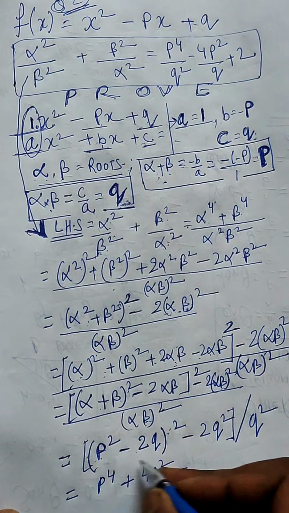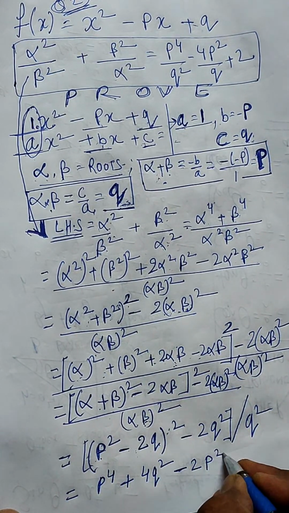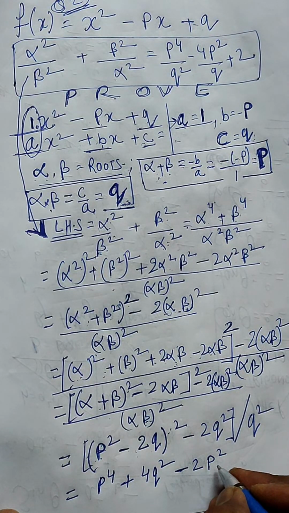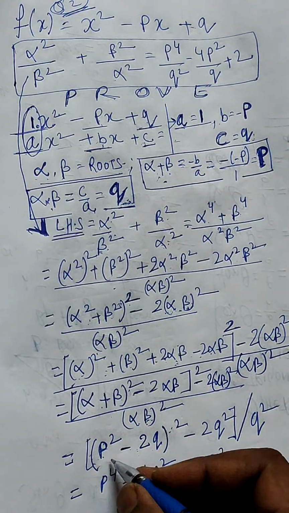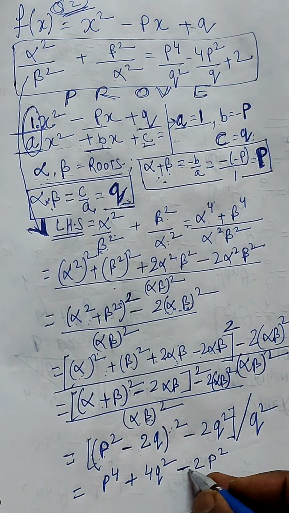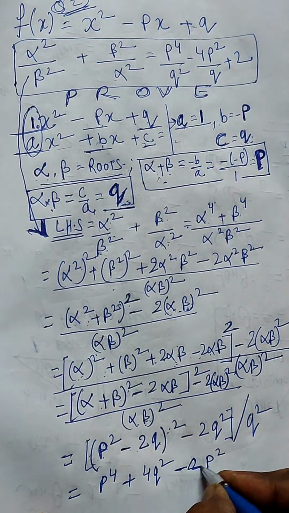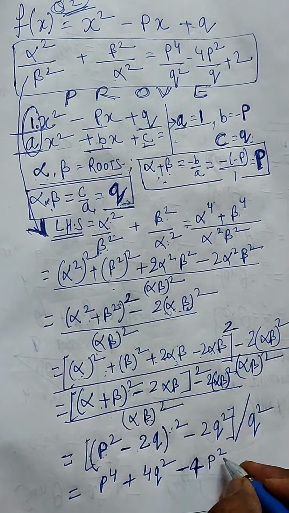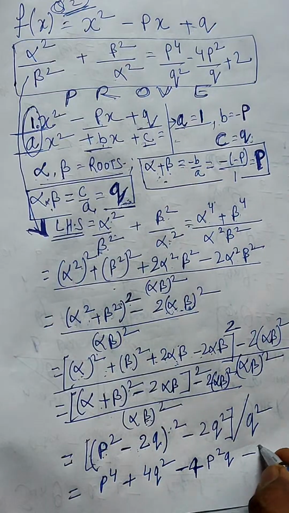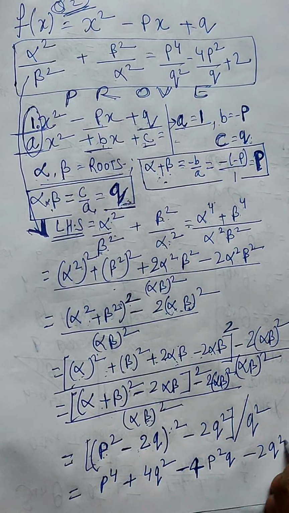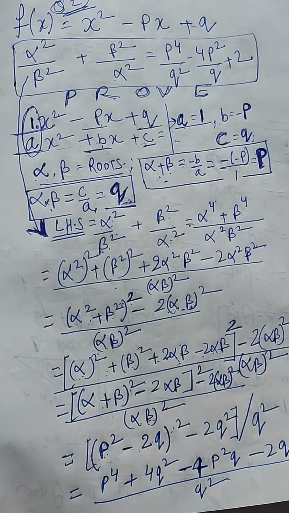That means 2 times p square into 2q, so minus 4 times p square into q, right? Minus 2q square divided by q square, right?